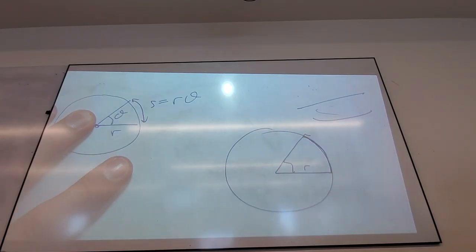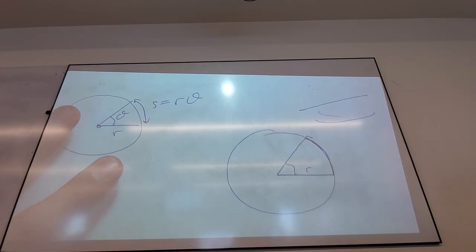Do you guys understand? A radian is a physical measurement. A degree is made up. So if I have to use one or the other, I'm going to use radians almost always.